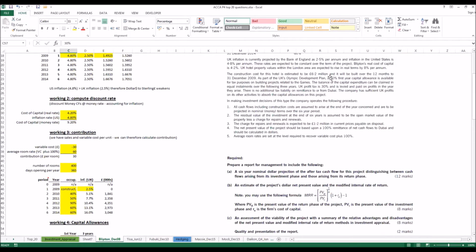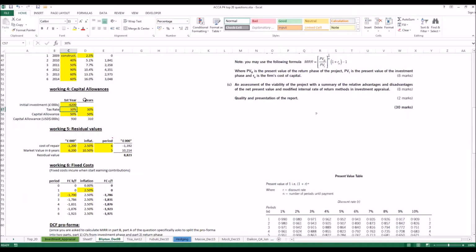We are told that a 50% first year capital allowance is available for tax purposes. We are also told that the balance of the capital expenditure, so 6.2 million times 50%, can be claimed in equal installments over the following 3 years.